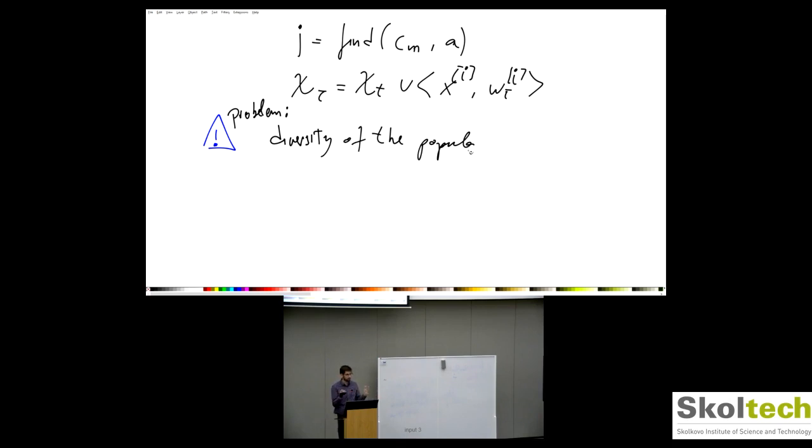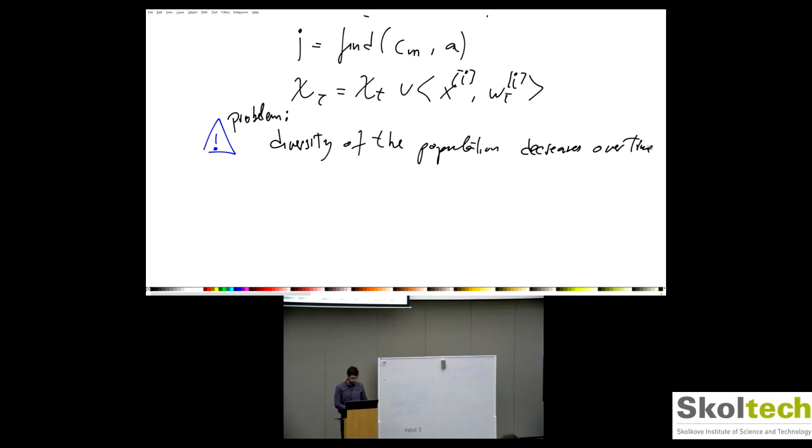Your cumulative distribution is going to be telling you this is the best thing you can do, but just because the diversity went down, it's going to be hard for your filter to recover states. You are always going to have non-representative states. So diversity is important in particle filters. Diversity of the population decreases over time.